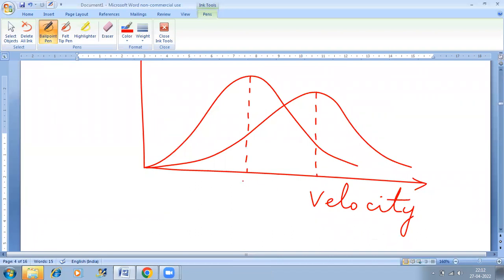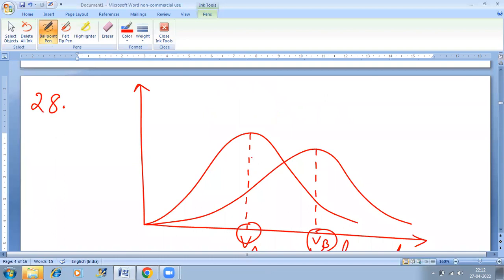Now, let this be VA and this be VB. Clearly, I can see that VB is greater than VA. V stands for velocity. Now, see, also they have mentioned that this is for gas A and this is for gas B. This is at temperature T1, this gas is at temperature T2.